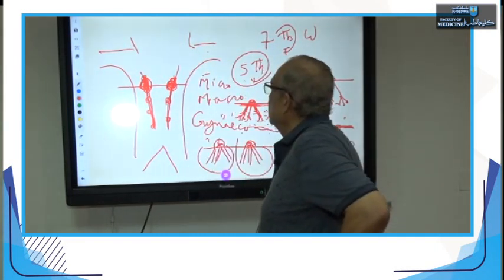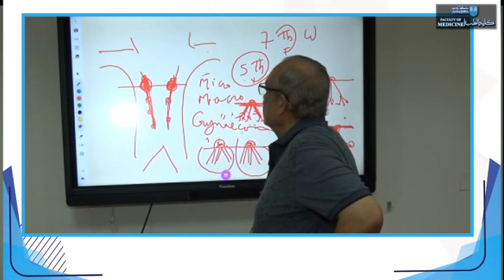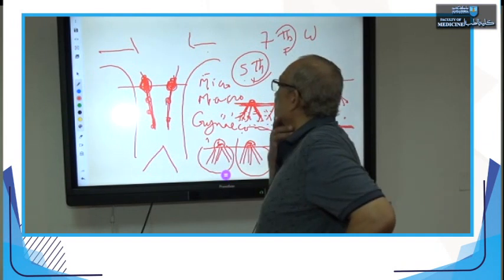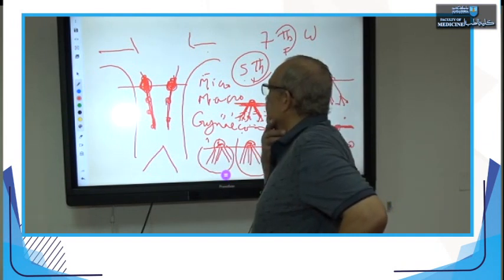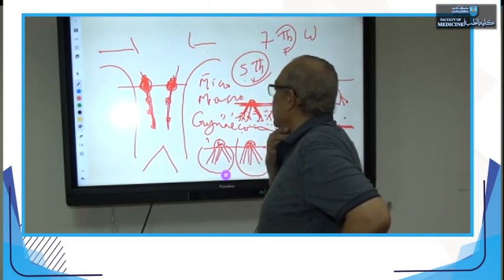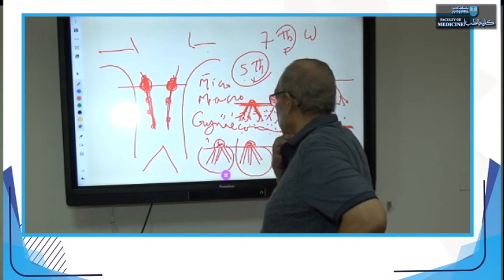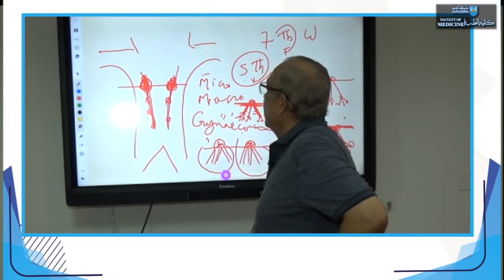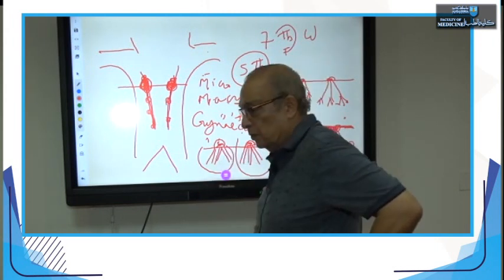So, according to the anomalies, we have polymastia or polythelia when the nipples are more than one on each side, or we have macromastia or micromastia.